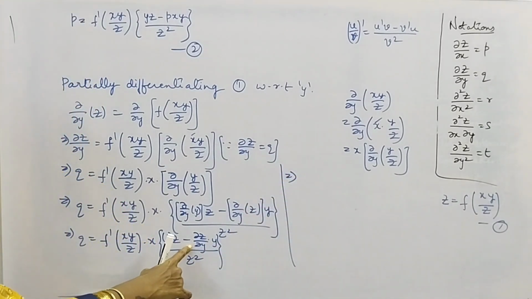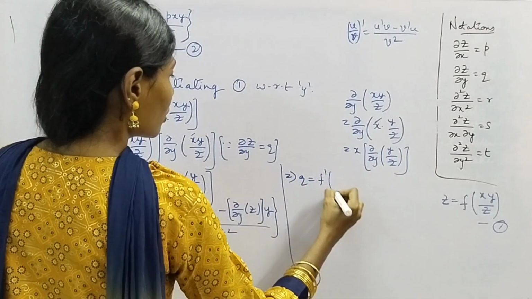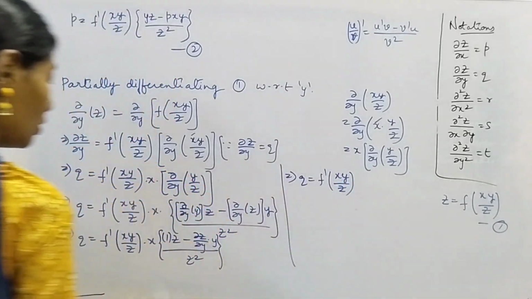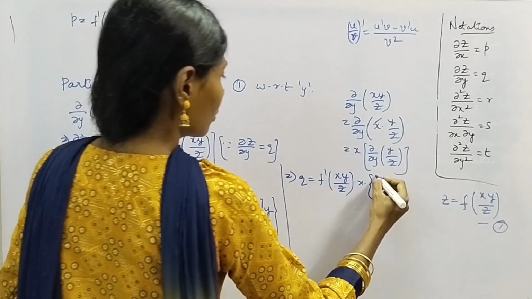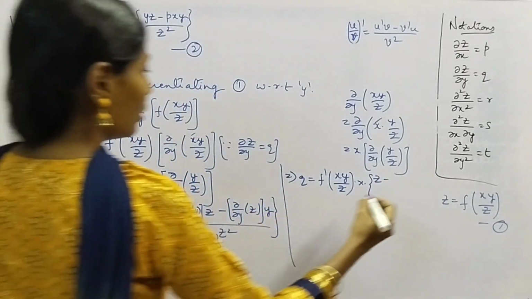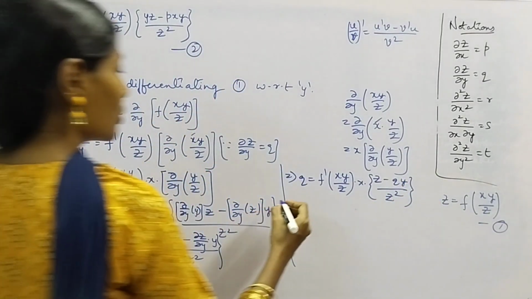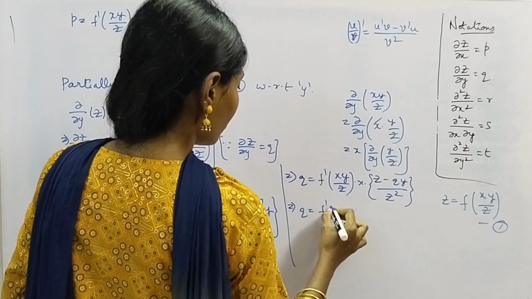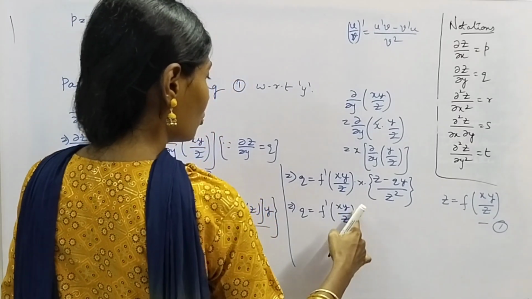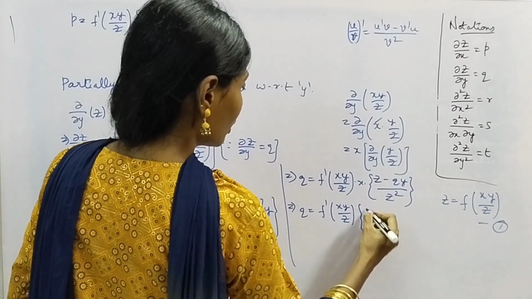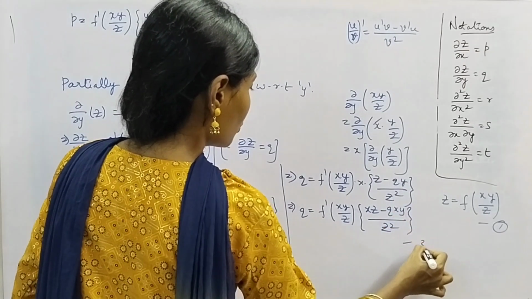Since dou z by dou y is q, let's replace it by q. We'll get q equal to f dash of xy by z into x into 1 into z minus qy by z square. Just multiply the numerator with this x, you'll get xz minus qxy by z square, considered as equation number 3.